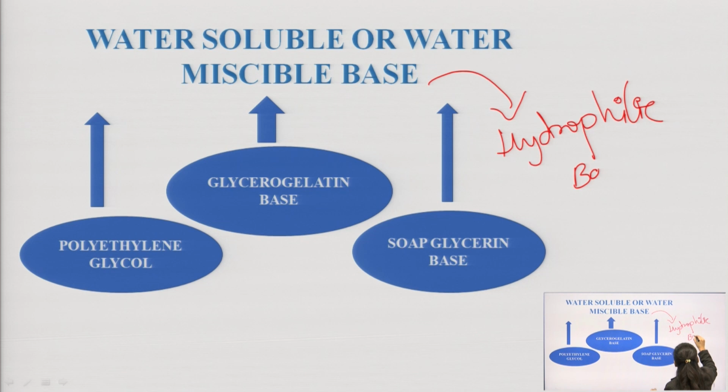Hydrophilic base is also the name given to water soluble bases or water miscible bases. Now, there are three important classes of hydrophilic bases. They are glycerogelatin base, polyethylene glycol, and soap glycerine base. So, these are the three important classes of water soluble bases. Let us have a deep introduction to each of these three bases.